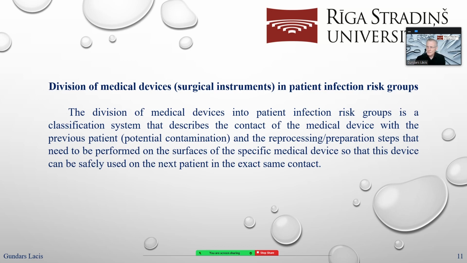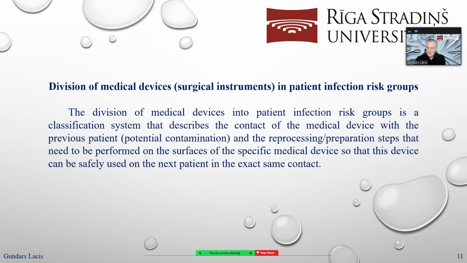All medical devices, at this moment I'll start to speak about surgical instruments, are divided into patient infection risk groups. All of you know that there are a lot of classification systems for medical devices. For example, electrical shock risk, risk for the patients, risk for the users, and so on.